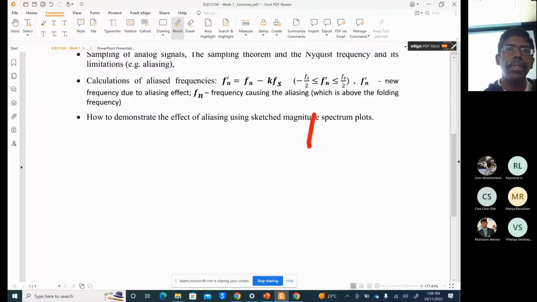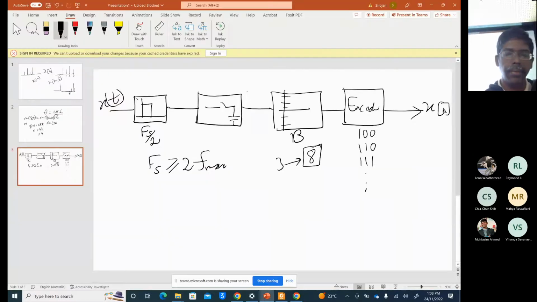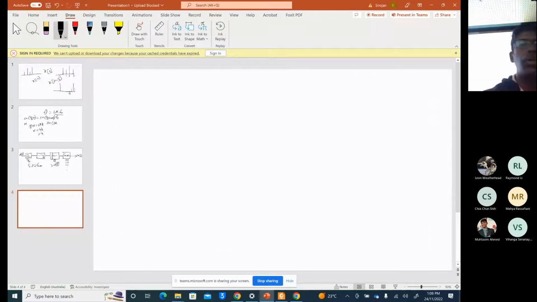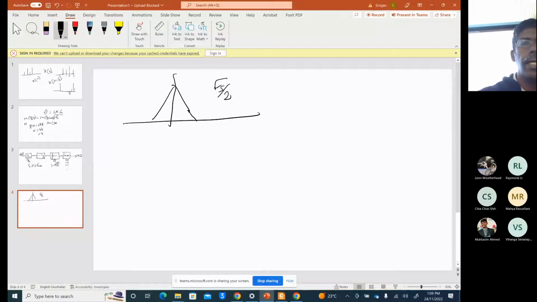As I told you earlier, when we sample, the maximum frequency we can have is only up to Fs by 2. If there is any signal higher than that, it is going to get aliased. Let's say this is the spectrum of an analog signal, X analog of F, with maximum frequency 500 hertz.